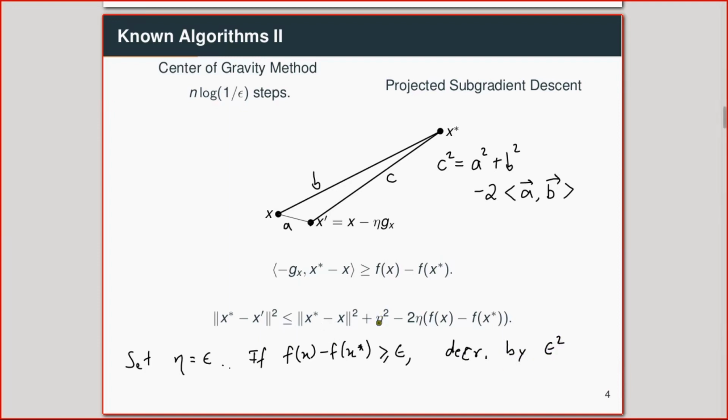So we've added epsilon squared and we've subtracted 2 times epsilon times epsilon. So this says that if x is not epsilon optimal, then we know for sure that we're actually decreasing by a significant amount, by epsilon squared. So therefore, we're guaranteed that within 1 over epsilon squared steps, you have to have reached an epsilon optimal point. And that's a proof that gradient descent only takes 1 by epsilon squared steps to solve the task.